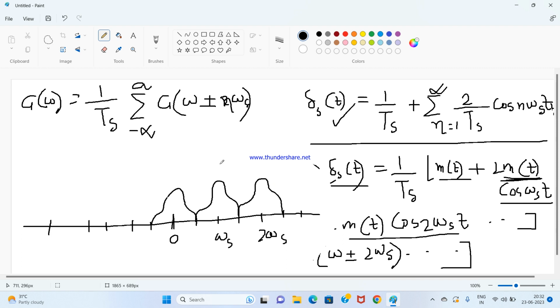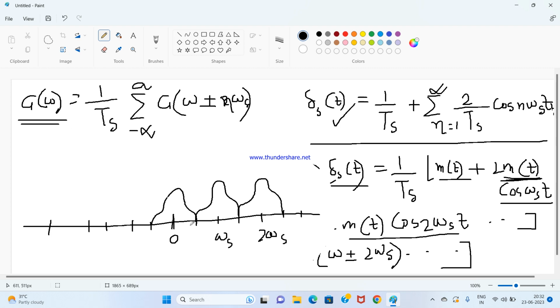So this message signal m(t) was band limited by B hertz.